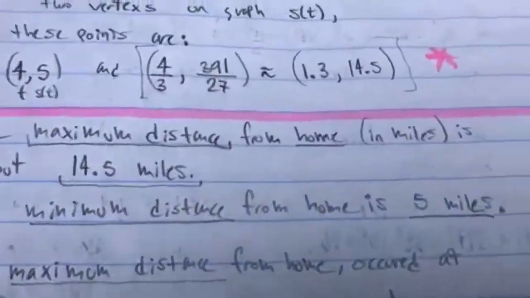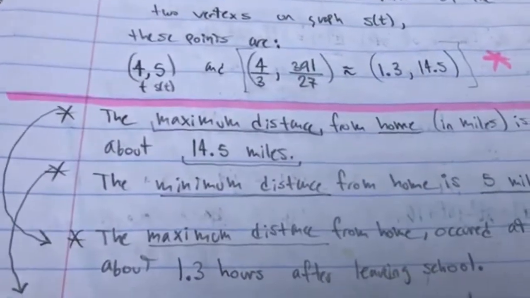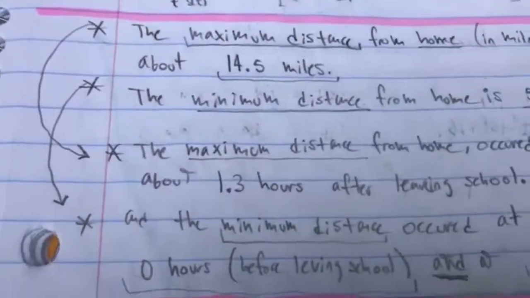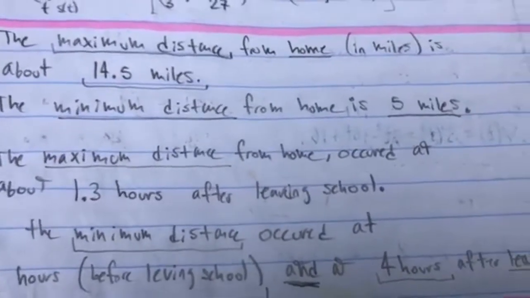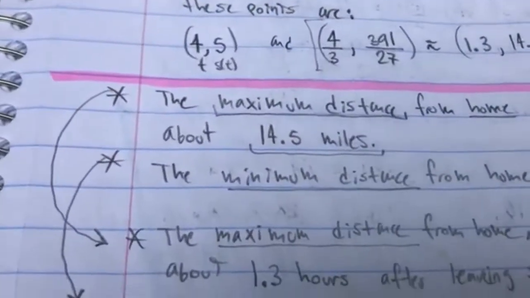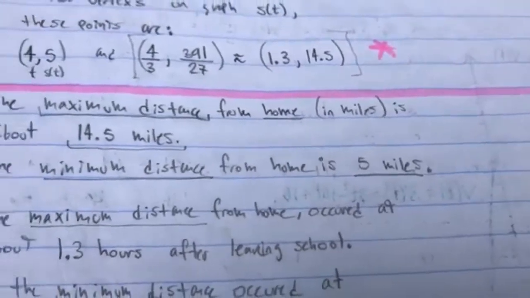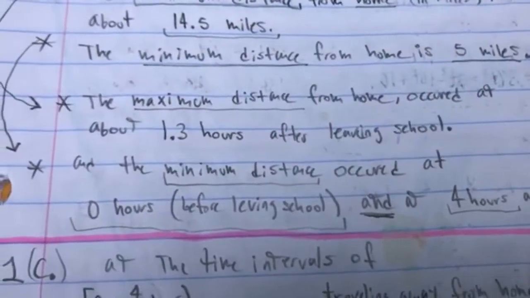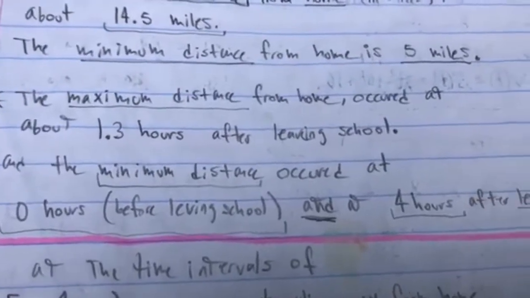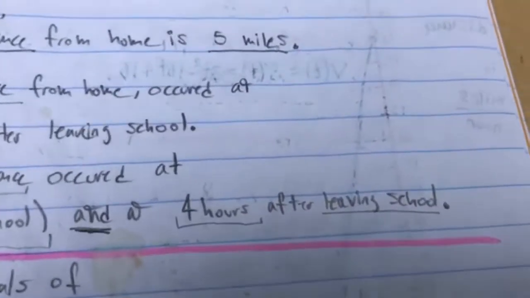So the maximum distance from home is about 14.5 miles. The maximum distance occurred at about 1.3 hours after leaving school. The minimum distance from home is 5 miles, and the minimum distance occurred at 0 hours before leaving school and at 4 hours after leaving school.